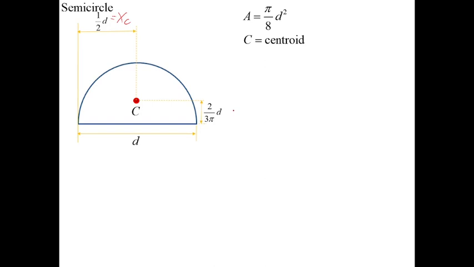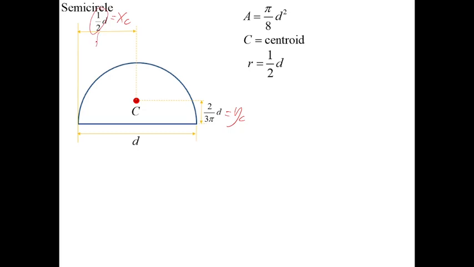Tapos, ito yung kanyang y-coordinate. Okay. 2d over 3 pi. Yun ang kanyang y-coordinate. Okay. So, take note that yung radius niya ay 1/2 the diameter. Diba? Kalahati ng diameter ay radius.